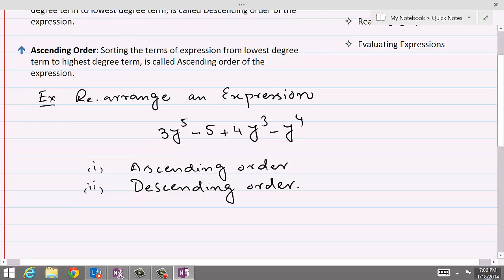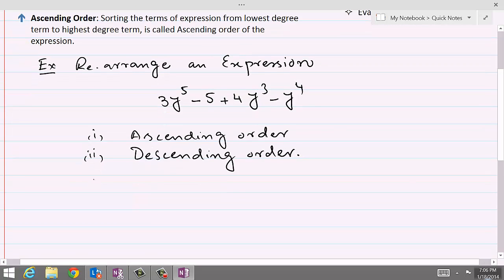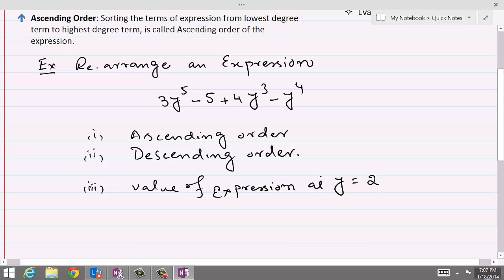And also we are going to calculate the value of the expression at y is equal to 2. So these are the three questions we are going to answer now.